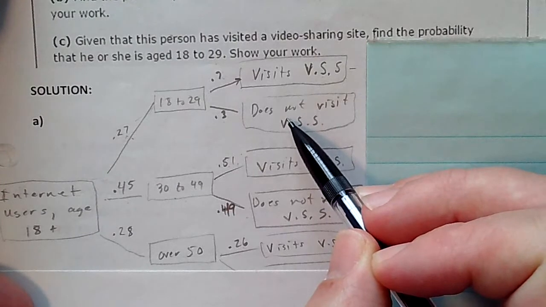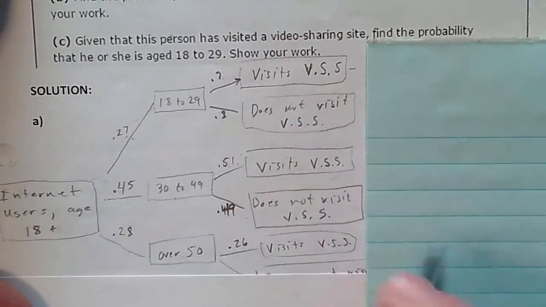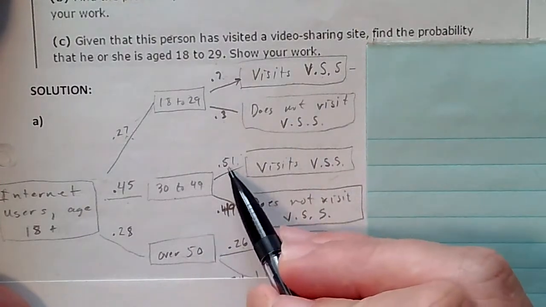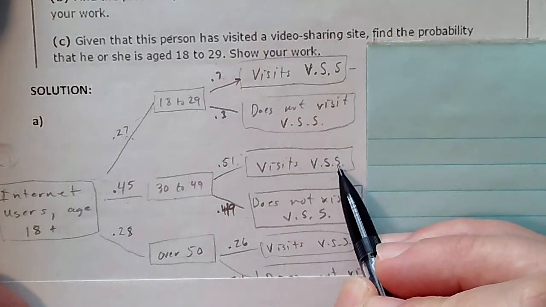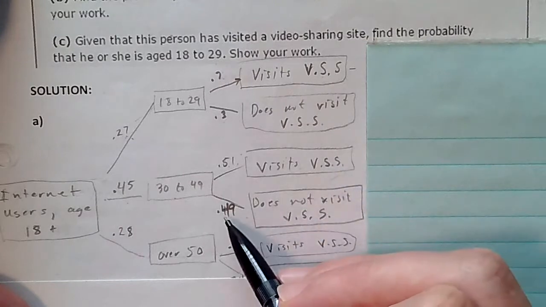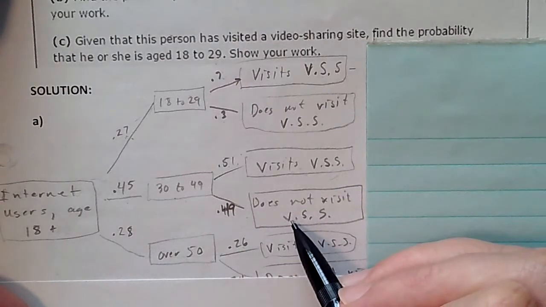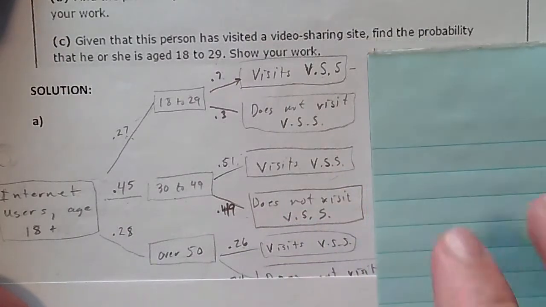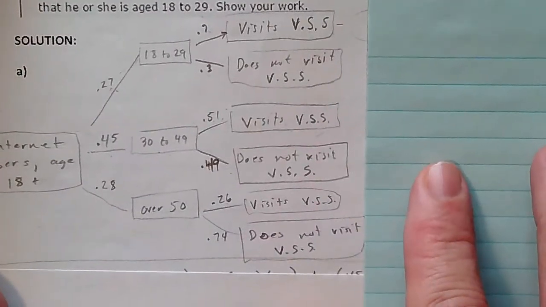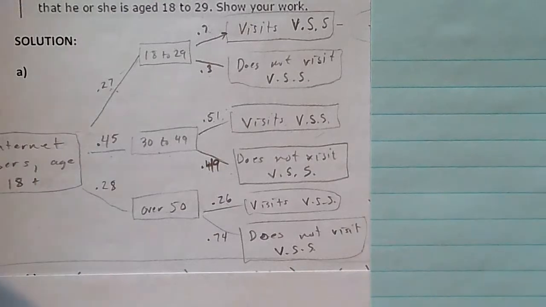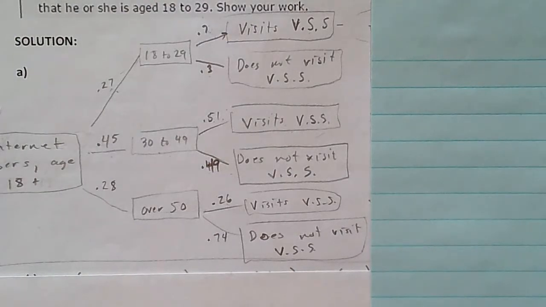We go back to the reading, and they told us that in this age group, 51% visit a video sharing site, like YouTube. That means 49% do not. And then here's the last branch. Go ahead and pause to write that down. I'm going to pause to get ready for parts B and C.